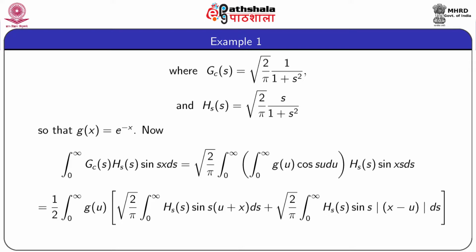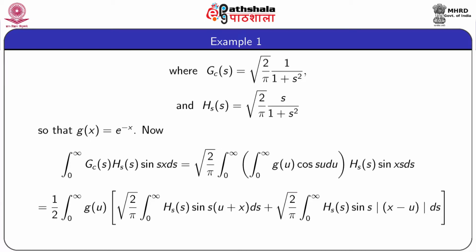Capital G, as we know, is the Fourier cosine transform of small g(u), and instead of capital G we write the Fourier cosine transform of small g, so that we get this integral as root over 2 by pi integral 0 to infinity g(u) cos s u du into h(s) sin x s ds.